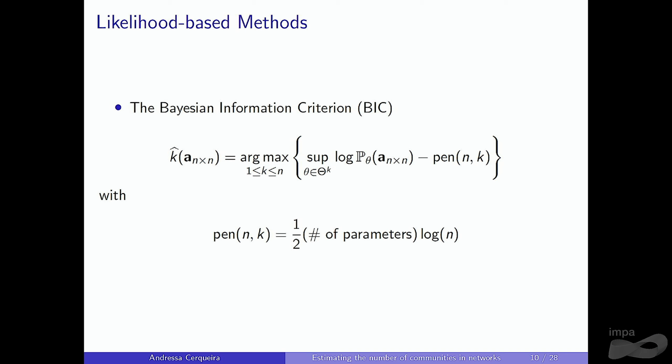Okay, so it would be like log of n squared for us, but still log n, right? So I'm going to come back to the BIC later. But let's just keep in mind that in statistics we use a lot of these criteria, right?